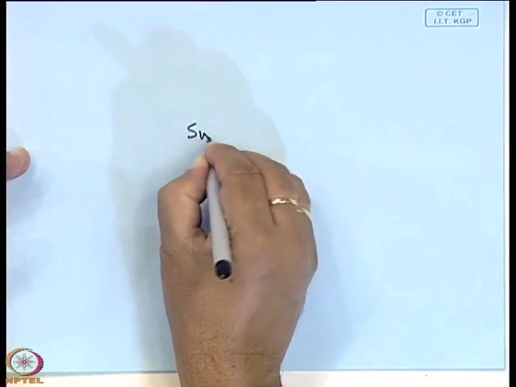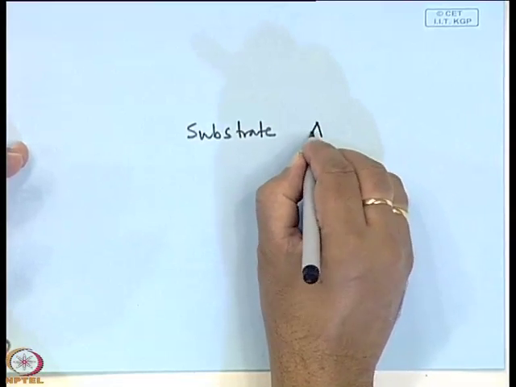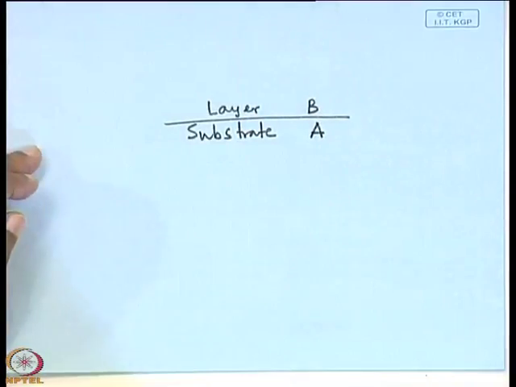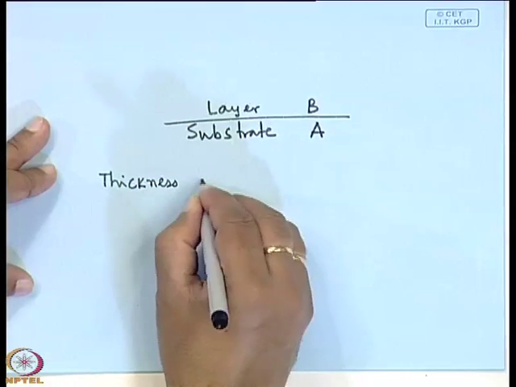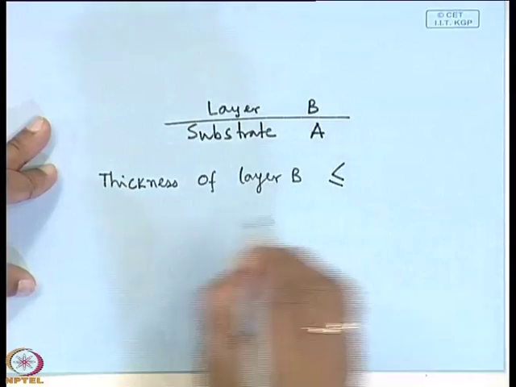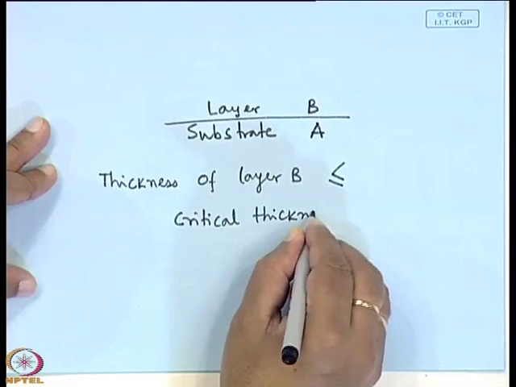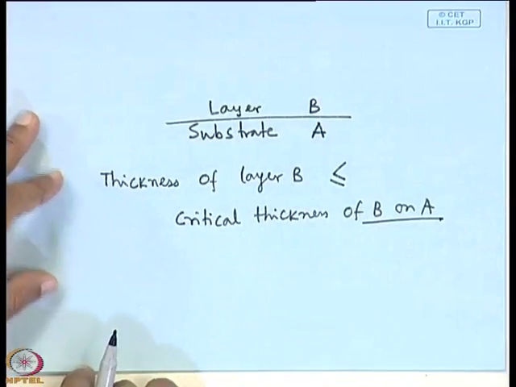Okay. So, we can summarize in this manner: say substrate is A, layer is B. Thickness of layer B must be less than or equal to the critical thickness of B on A. Remember that for B on A, the critical thickness will also change.